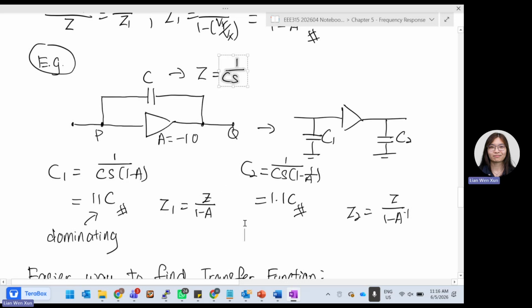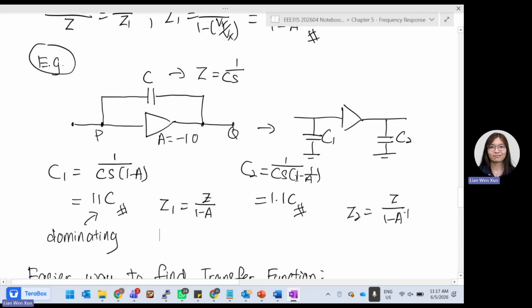We take 1 over Cs and divide it by 1 minus A, so this will be Z over 1 minus A directly. Then what about C2? C2 is Z over 1 minus 1 over A. So 1 over Cs still remains, but now divided by 1 minus 1 over A.